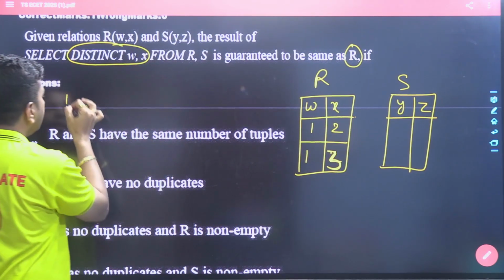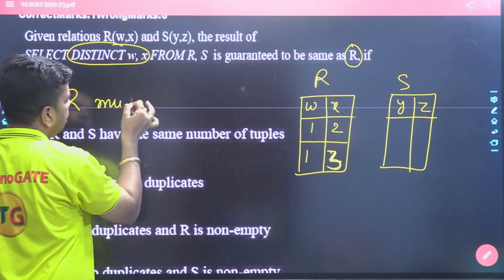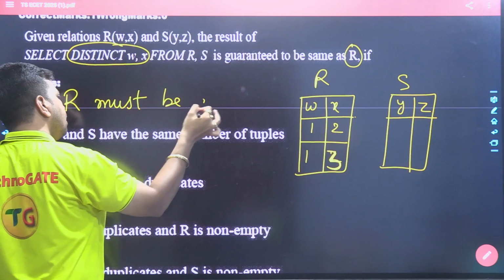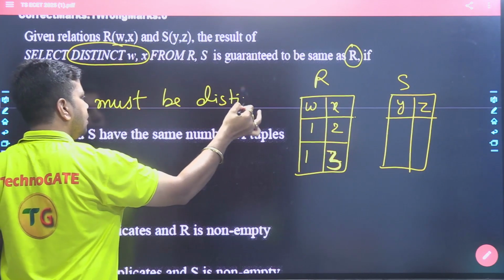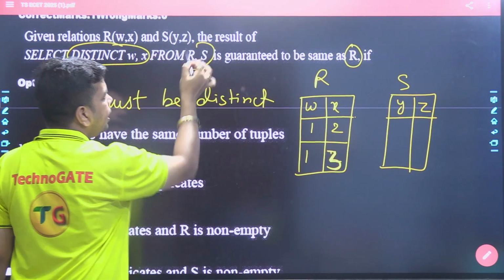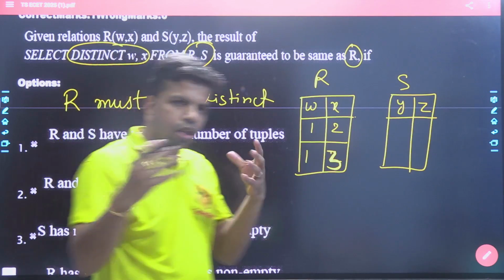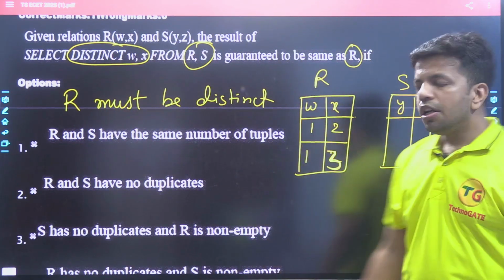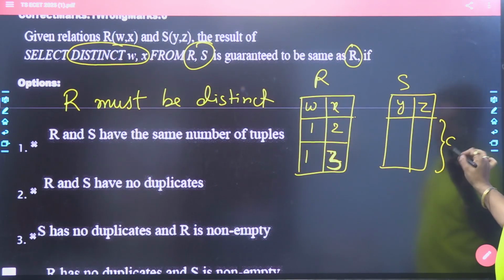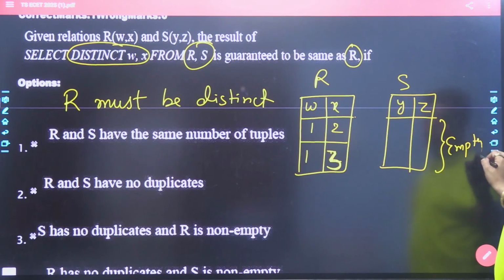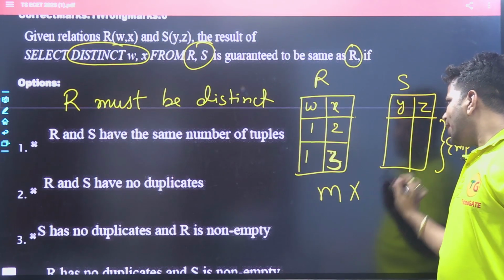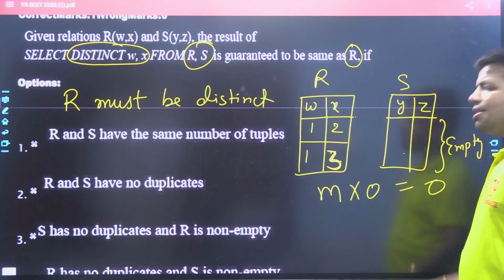So R must be distinct. The second thing is we are taking the Cartesian product between them. Suppose S is empty. Then what will be the number of rows here? If we multiply that with 0 rows, then your answer is 0.